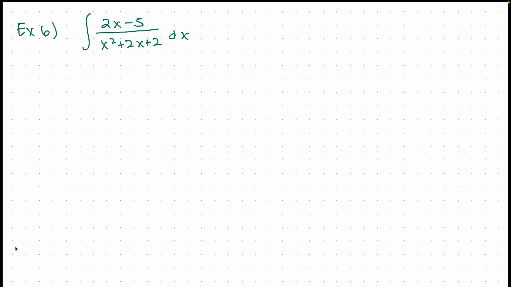Now this looks somewhat similar to our last problem, doesn't it? Well, we can still complete the square on the bottom. It's the numerator that's messing things up this time, because we don't just have a constant up there, we have a 2x minus 5.